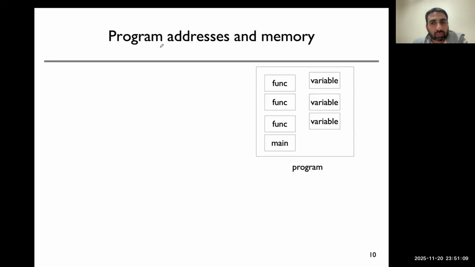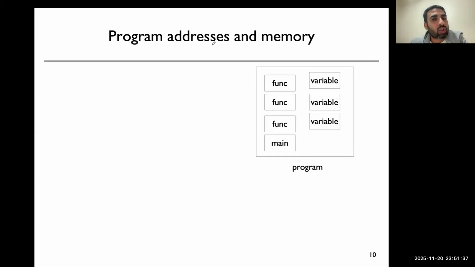Okay, so now let's ask another question in terms of process execution, and more specifically in terms of how the memory is accessed when a process executes its instructions. A process is nothing but a program which is loaded in the memory and has its process control block.